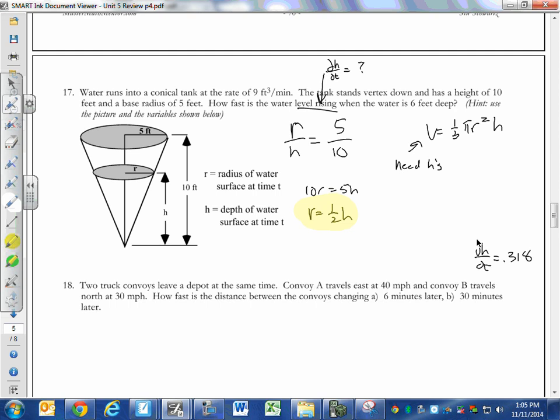How'd you do? Okay. So all it is, the radius to the height is equal to this radius over this height. Good.